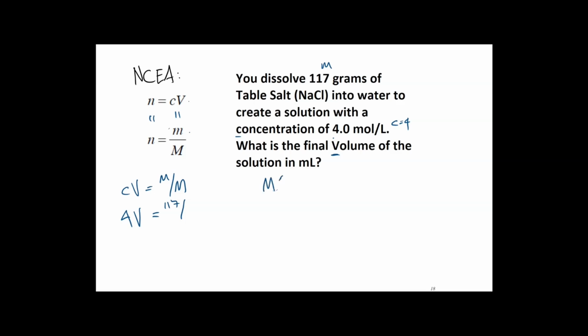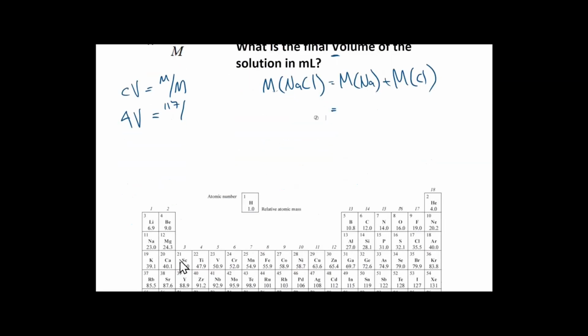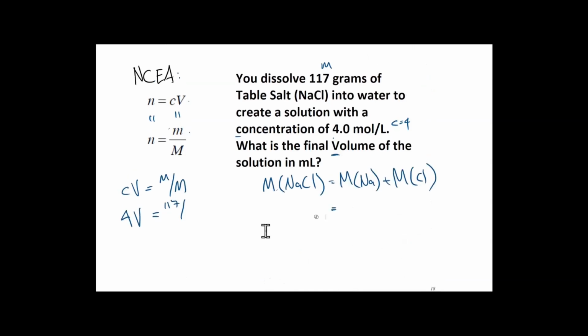So the molar mass of sodium chloride is going to be the molar mass of sodium plus the molar mass of chlorine. If it's with another chemical, it's a chloride. If it's by itself, it's chlorine. And we can work that out. So the molar mass of sodium is 23.